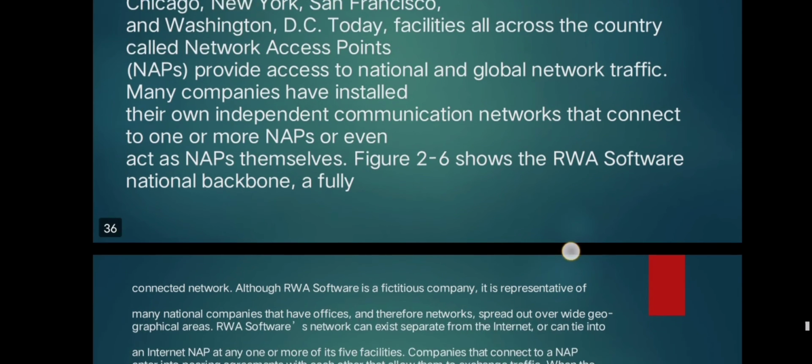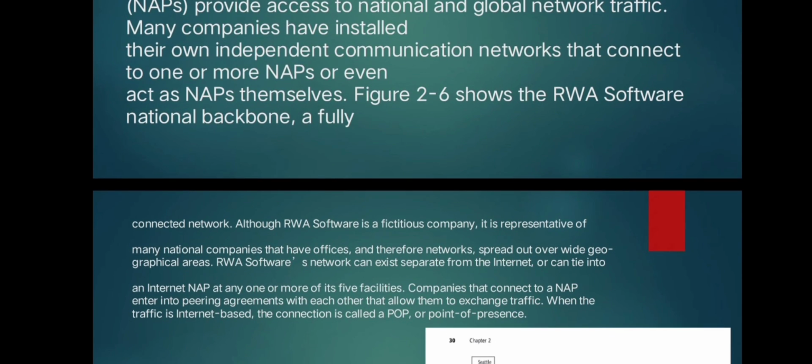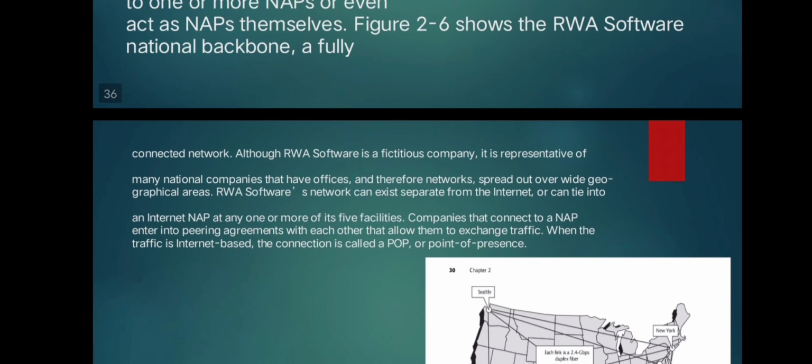Figure 2.6 shows the RWA Software national backbone, a fully connected network. Although RWA Software is a fictitious company, it is representative of many national companies that have offices, and therefore networks, spread out over wide geographical areas.